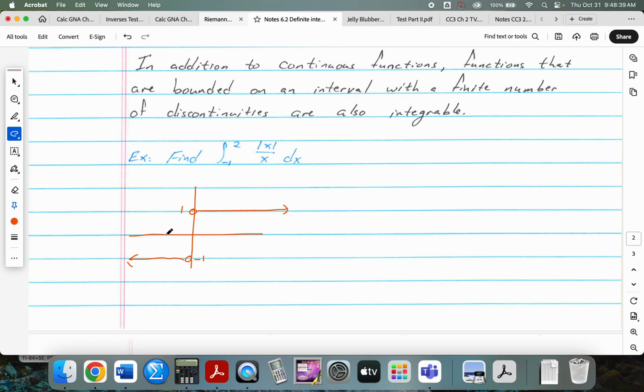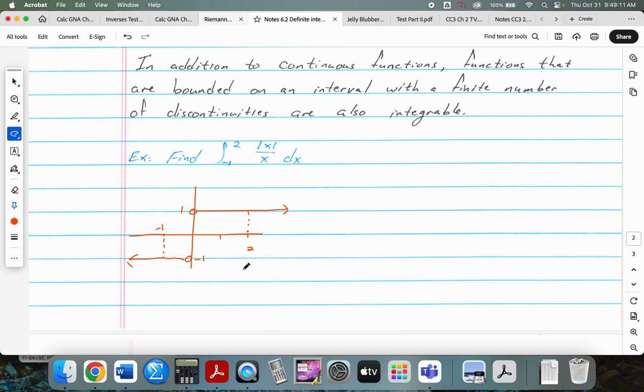So if we're going from x is -1 to 2, since there is no infinite behavior, right? If there's infinite behavior, we're going to have to do something else, and we'll learn about that a ways down the road. But it's definitely finite, and there's a finite number of discontinuities.